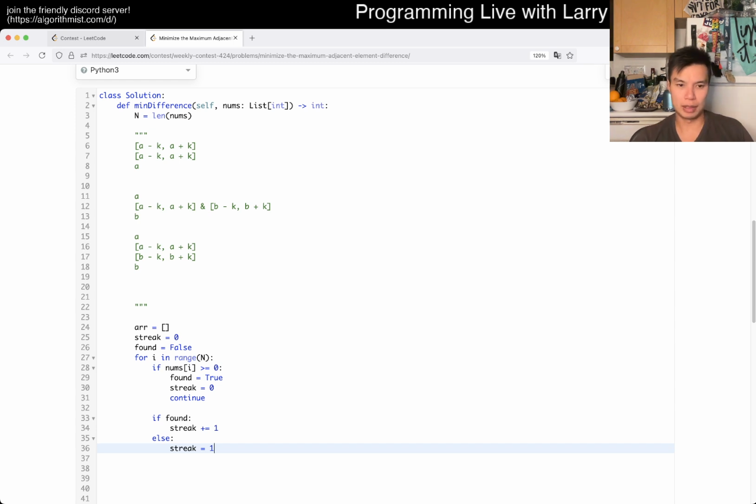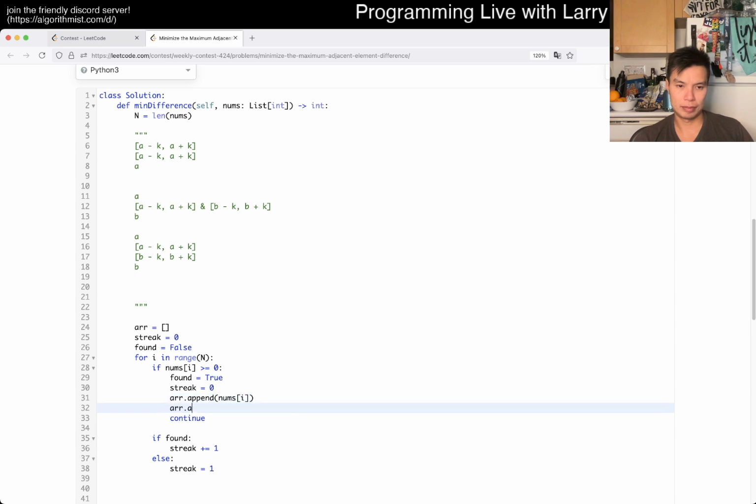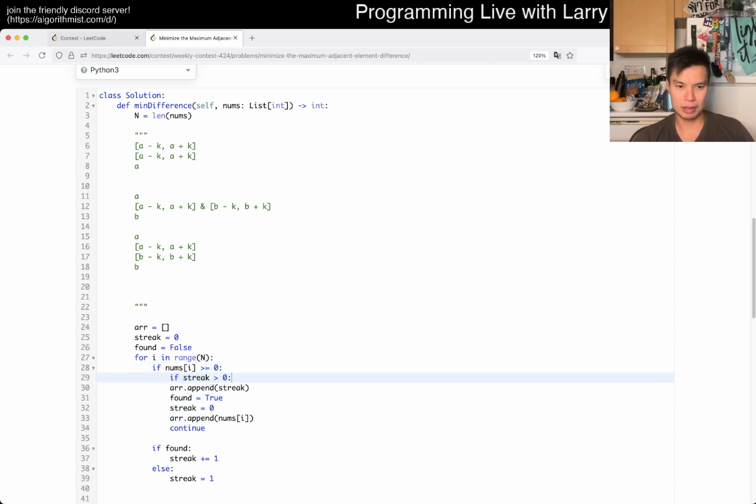Okay, so then for numbers, you do the previous streak. Something like this, but I'm doing it weird.